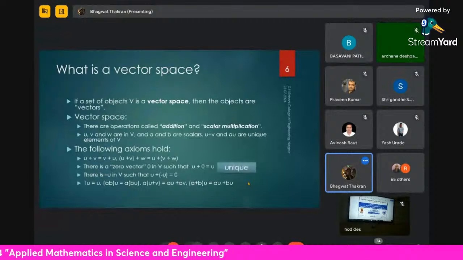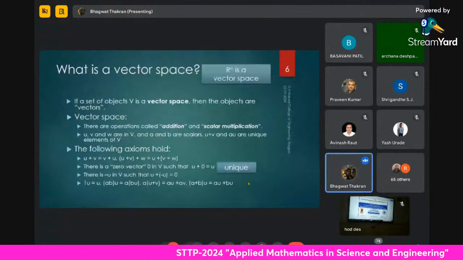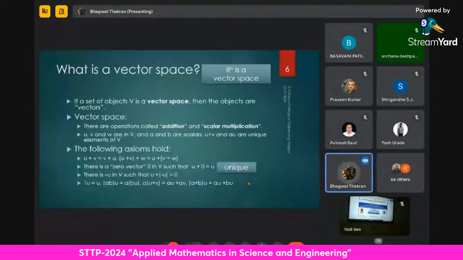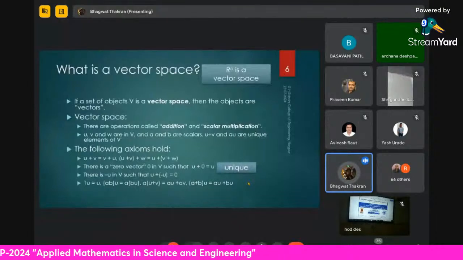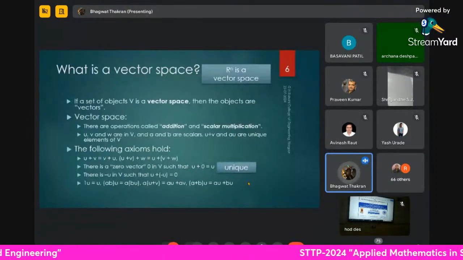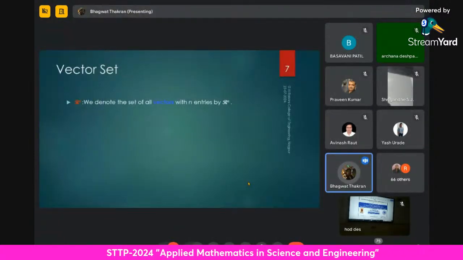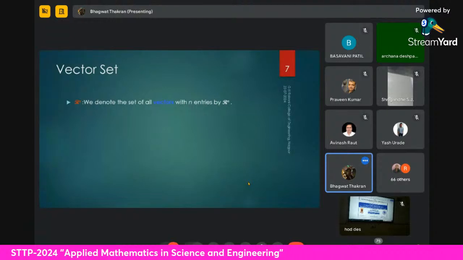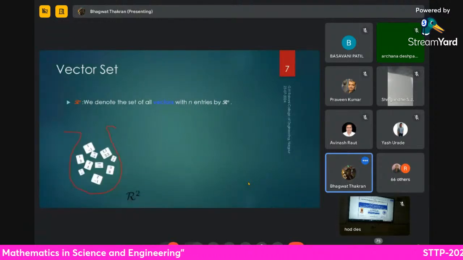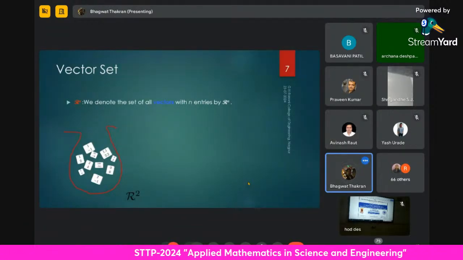Now this zero vector is very unique, and we'll see later on. And Rn is a general vector space where each element contains n rows or n components. So if I consider Rn to be a vector set, let us consider the value of n equals 2.